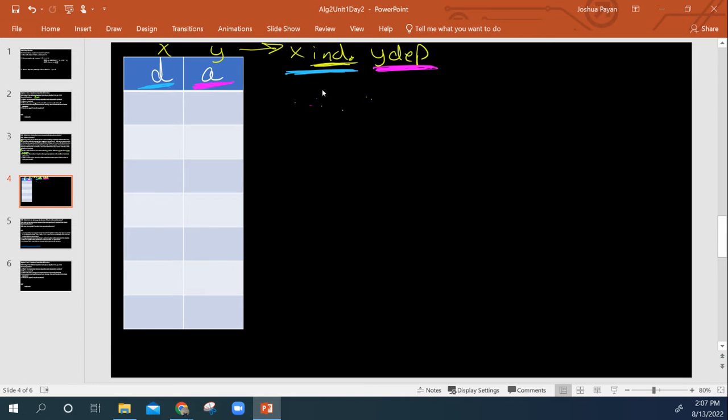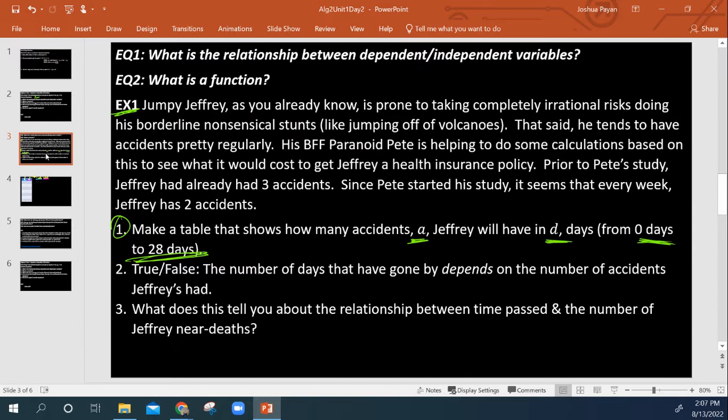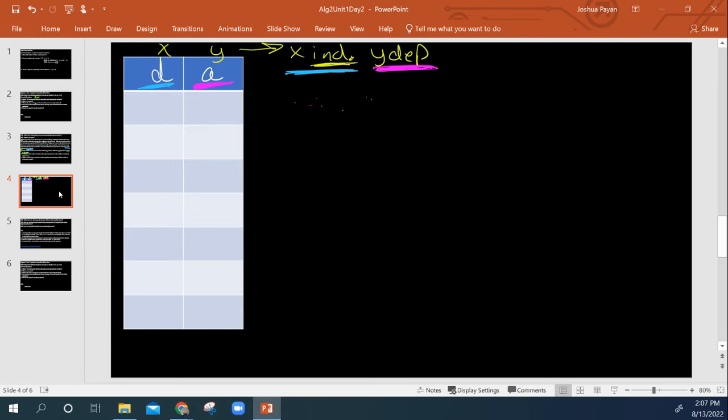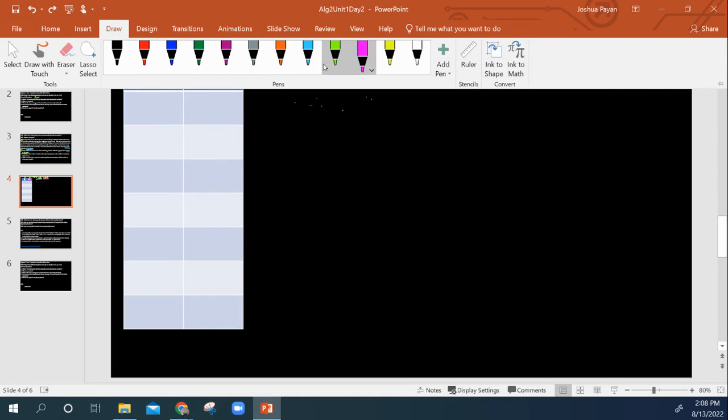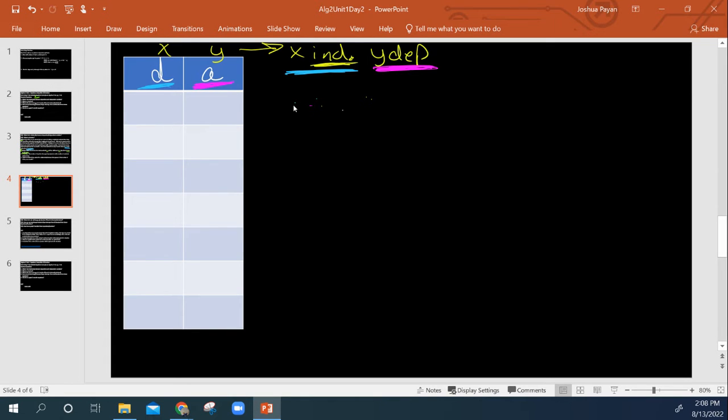So, we're told that every week he has two accidents. That means we can pretty much just count in sevens. So in 7 days, how many accidents will Jumpy Jeffrey have? Actually, it says from 0 to 28 days, so we're going to start with 0 days.